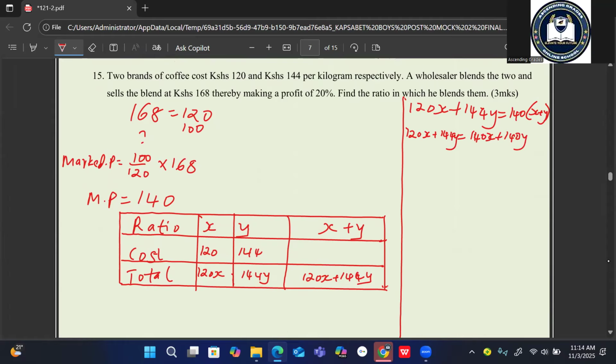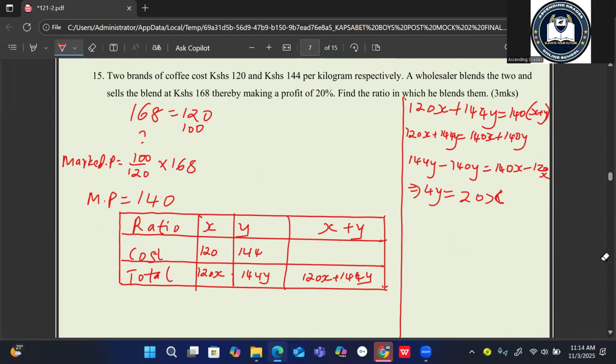So this one should be 144y minus 140y is equal to 140x minus 120x. So this one gives us, this is 4y is equal to 20x.